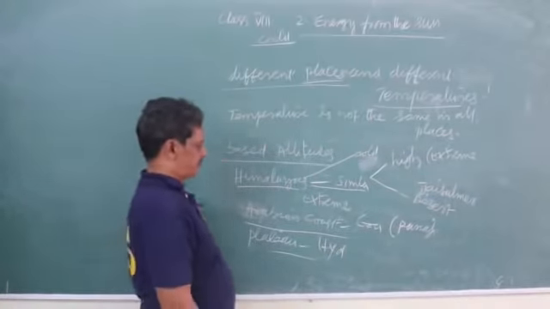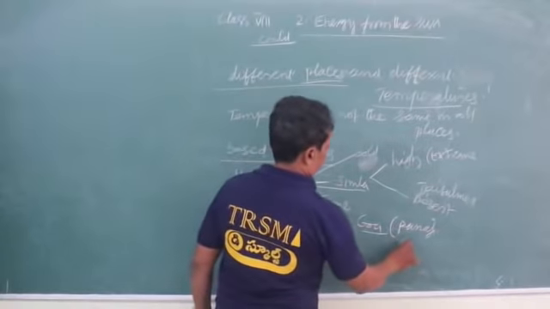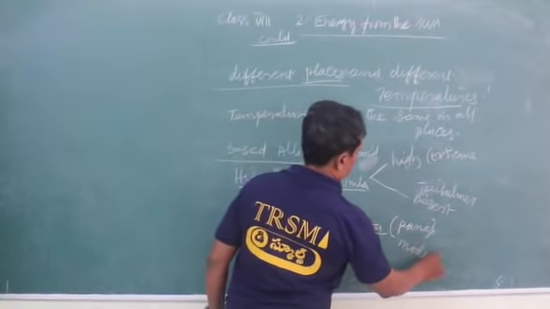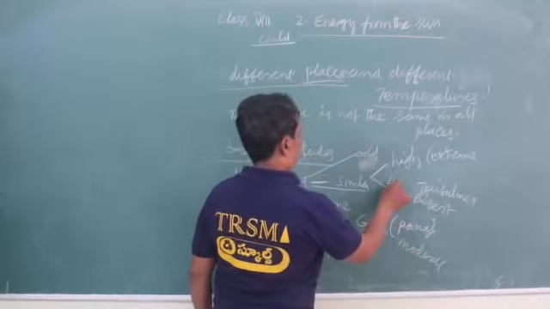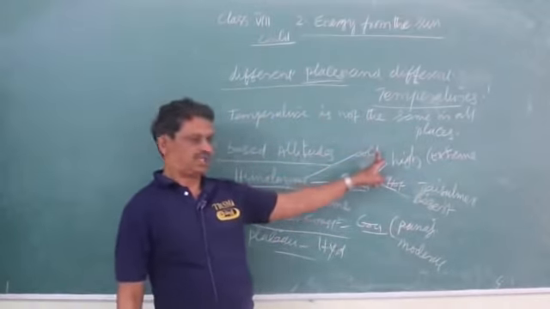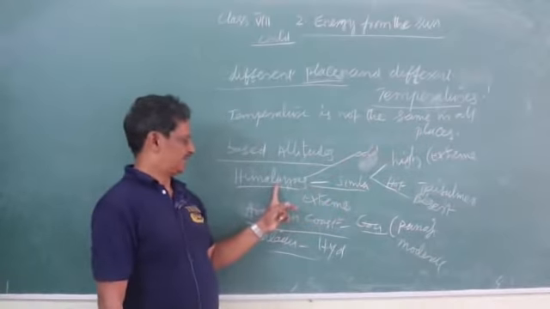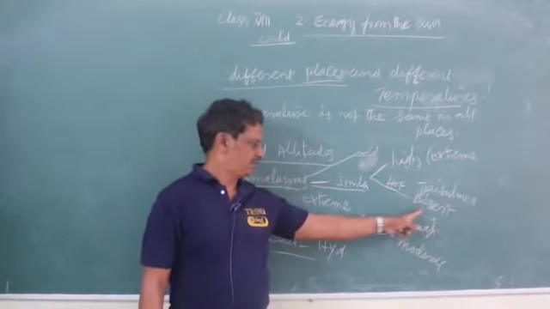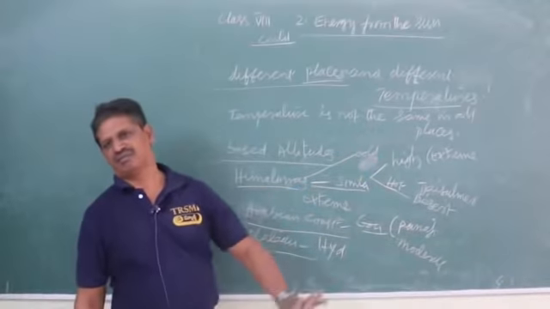This is moderate. Extreme cold in the Himalayas, extreme hot in the desert area, that is Jaisalmer.